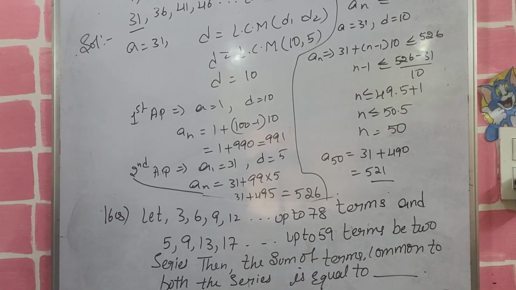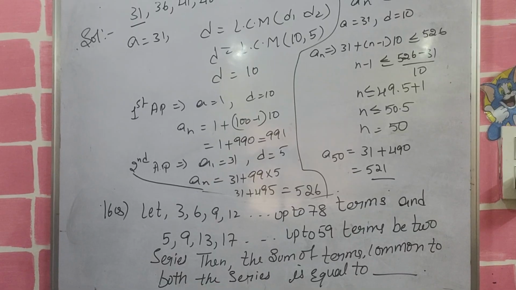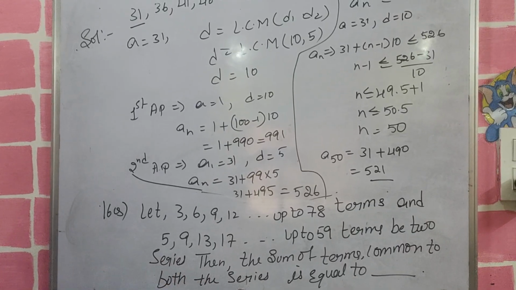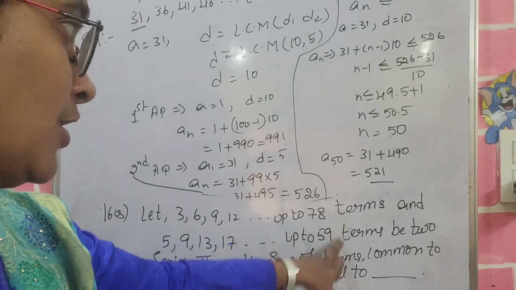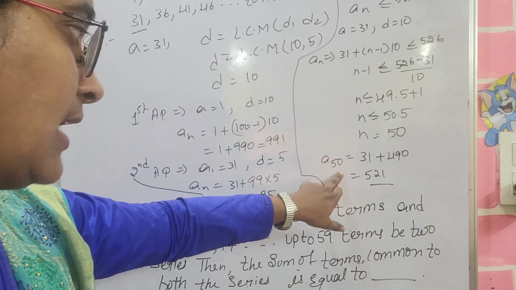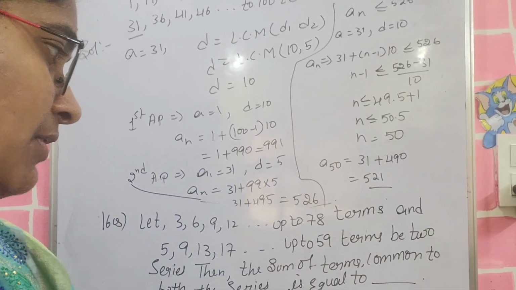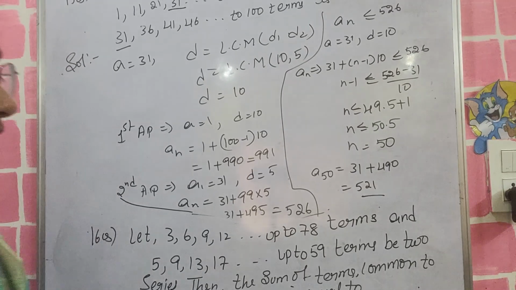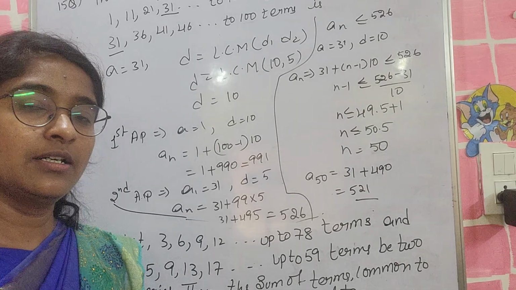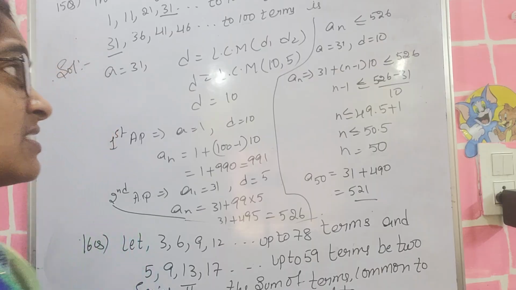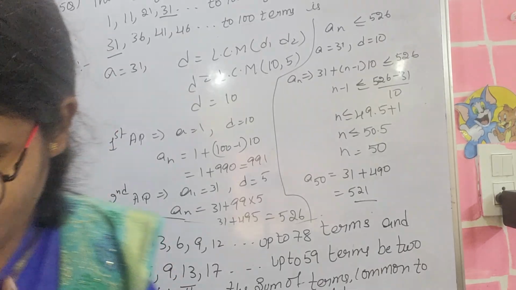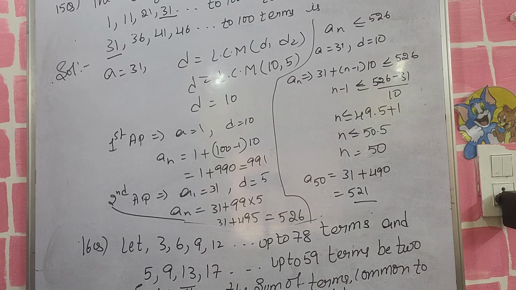Here they're asking for the sum of the terms. I just found the last term, but they are asking for the sum, so we substitute in the Sn formula. That's it. This is the problem. If you try this one, then we'll go to the next problem.